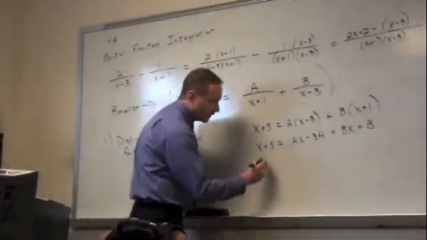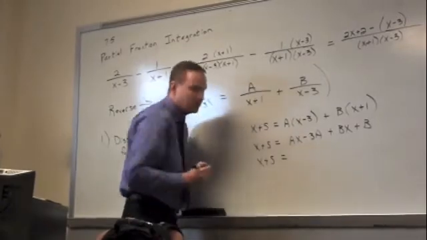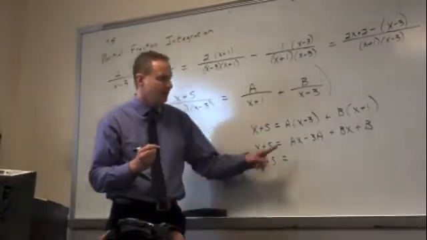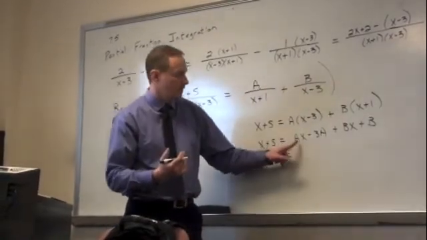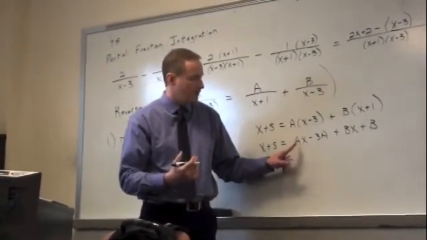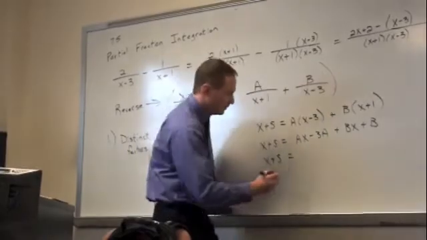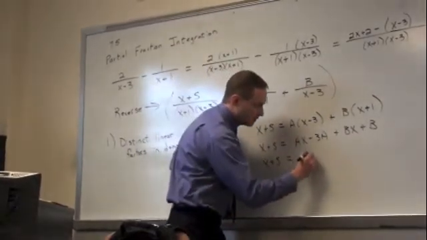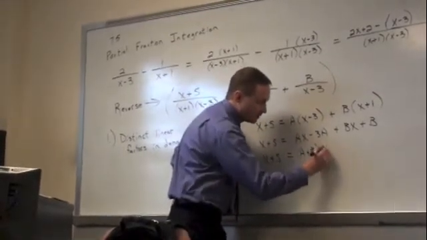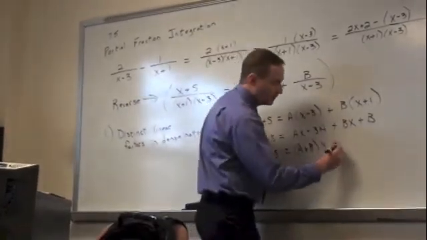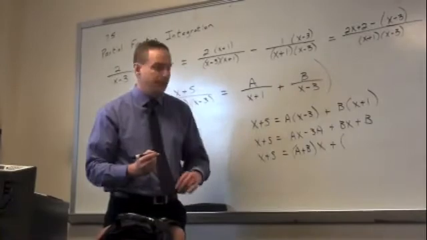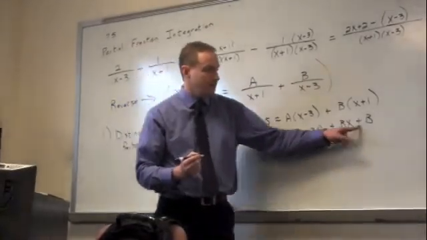Let's gather the coefficients of x. My coefficients of x are going to be a plus b. Gather your constants. My constants are going to be negative 3a plus b.